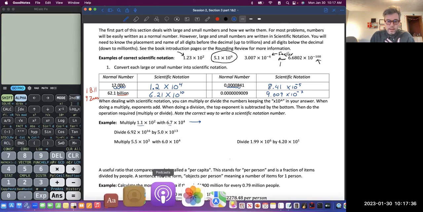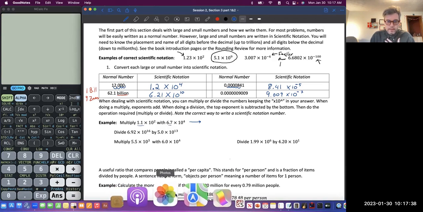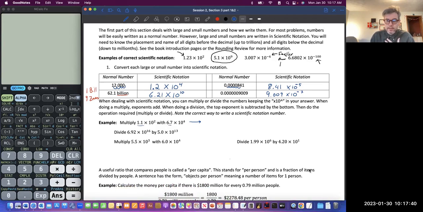On my side of Zoom, it says you can see my calculator. So I'm going to multiply 1.1 times 6.7. And what do I get? I get 7.37. Thank you, Peyton, for letting me know.